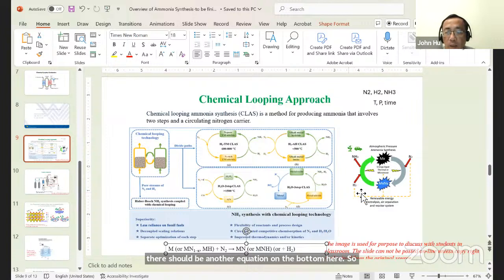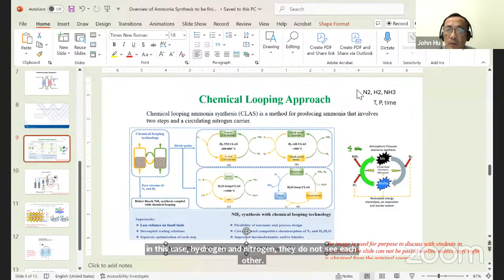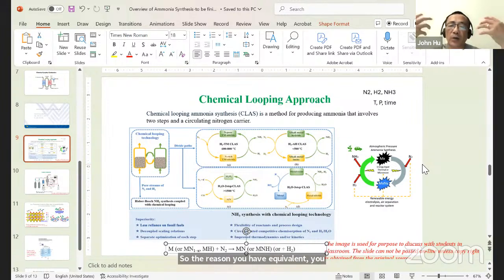In one loop, nitrogen reacts with metal to form the metal nitride, and in another loop hydrogen reacts with the metal nitride. So in this case, hydrogen and nitrogen do not see each other. The reason you have equilibrium in ammonia synthesis is that hydrogen and nitrogen are put in the same vessel at the same time.